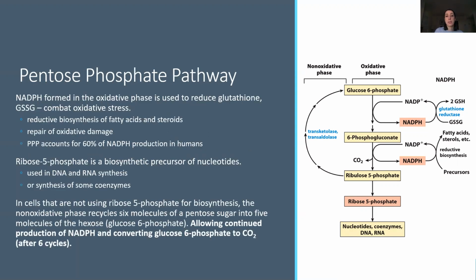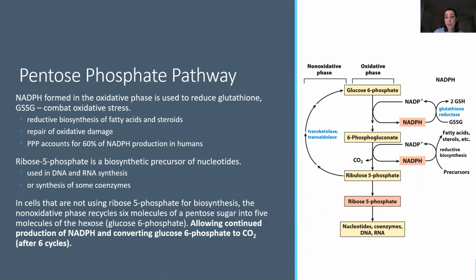So why do the pentose phosphate pathway? The normal pathway, taking glucose 6 phosphate and making ribose 5 phosphate, is generating NADPH and ribose 5 phosphate. NADPH is a very important molecule for oxidative stress.